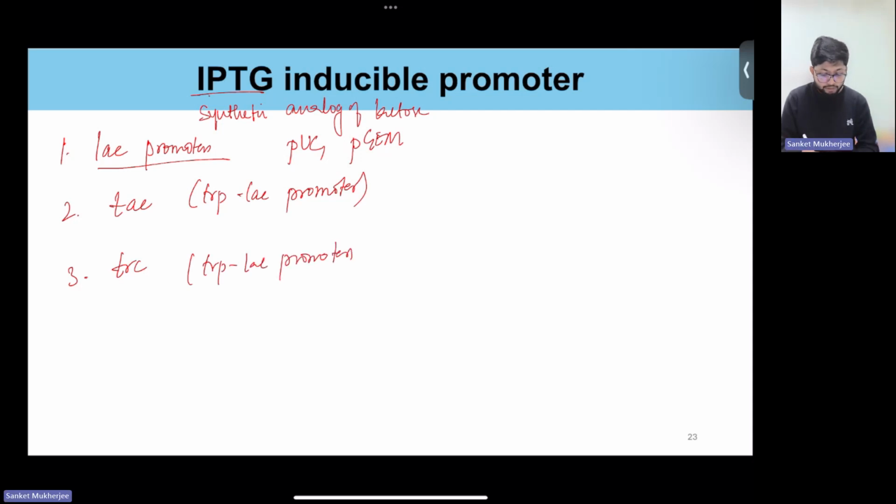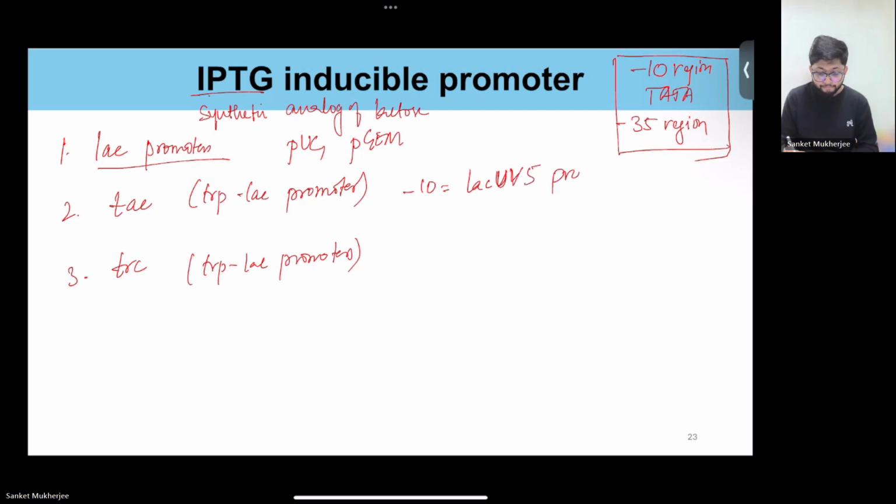In a promoter, there are two regions which are very important: the -10 region, which usually has the TATA box, and the -35 region. The sequence in these two regions is very important for understanding the strength of a promoter. Here, the -10 region is from a lac UV5 promoter, and -35 is of the trp promoter.